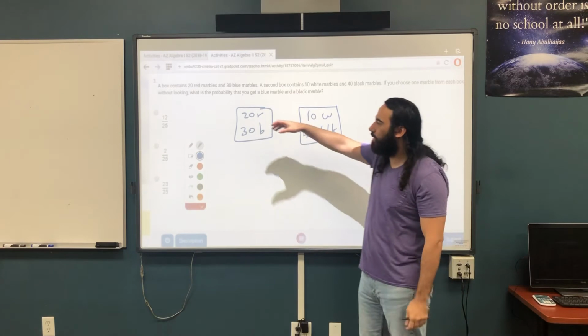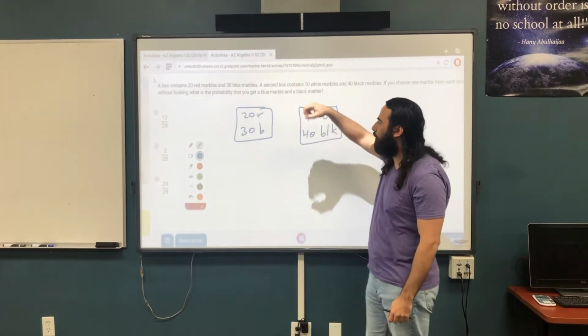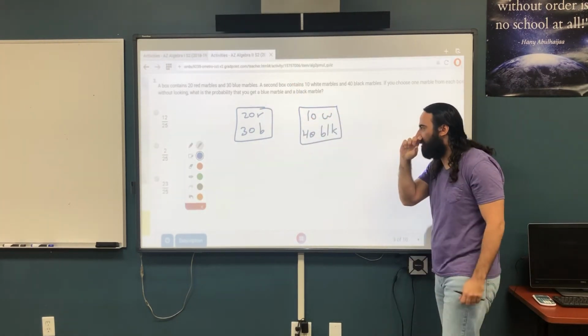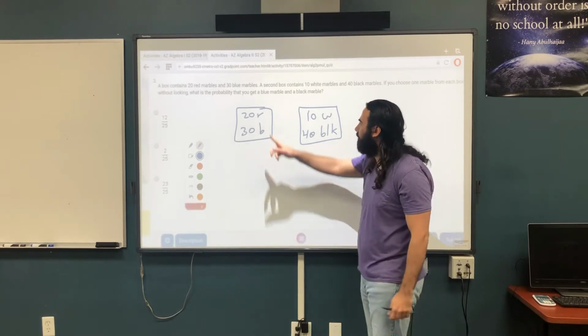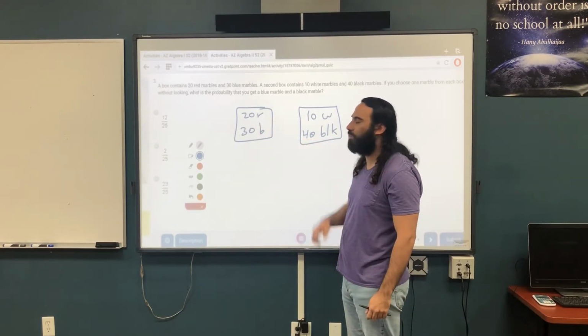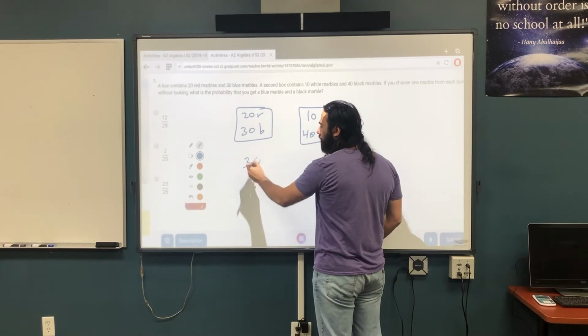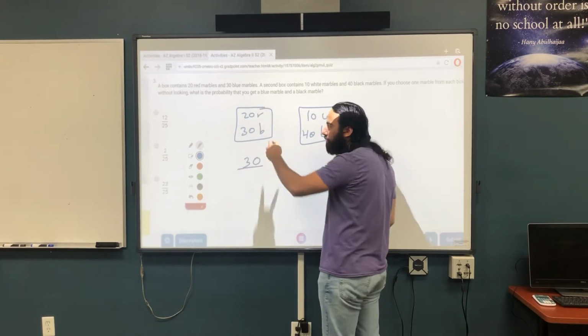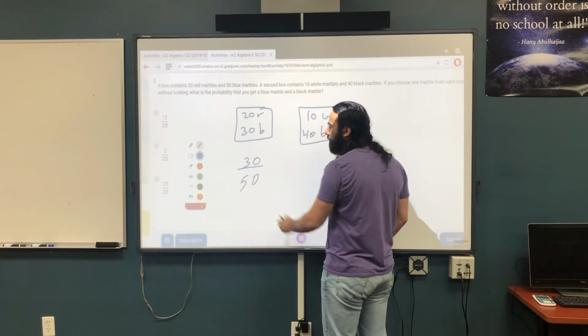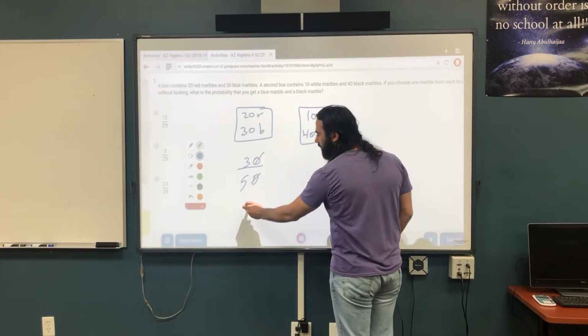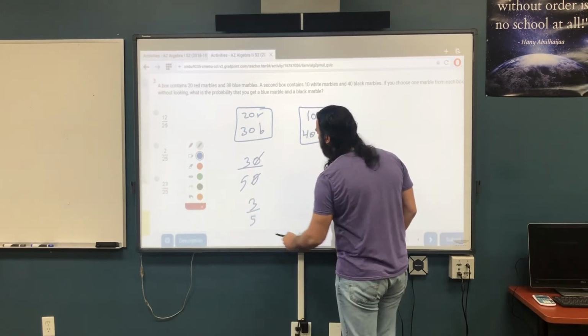So we're going to choose randomly one marble from the first box and one marble from the second box. Now what's the probability that I'm going to get a blue marble from the first one? We have 30 blue marbles, and we divide by the total marbles, which is 50. So if you simplify it, it's going to be 3/5.